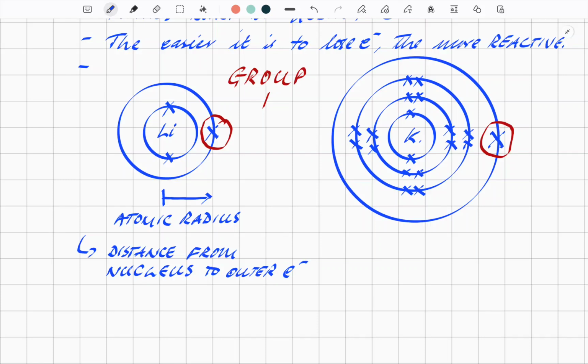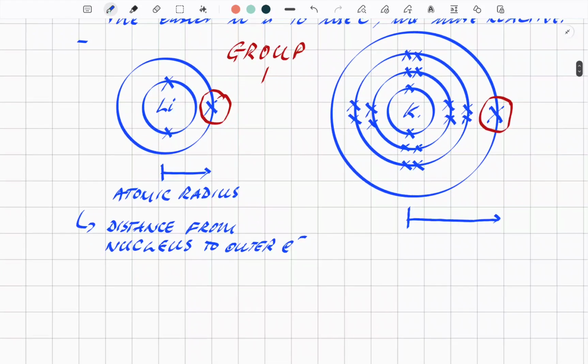In potassium, can you see how that distance is that much more? The outer electron is much further away. And this is what gives you the trend in reactivity.